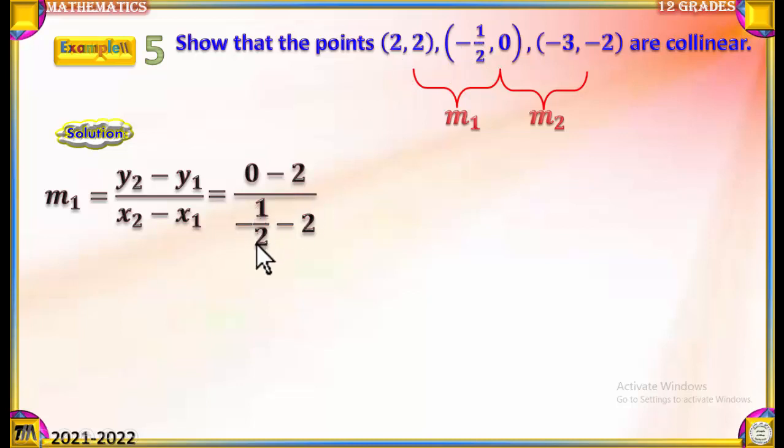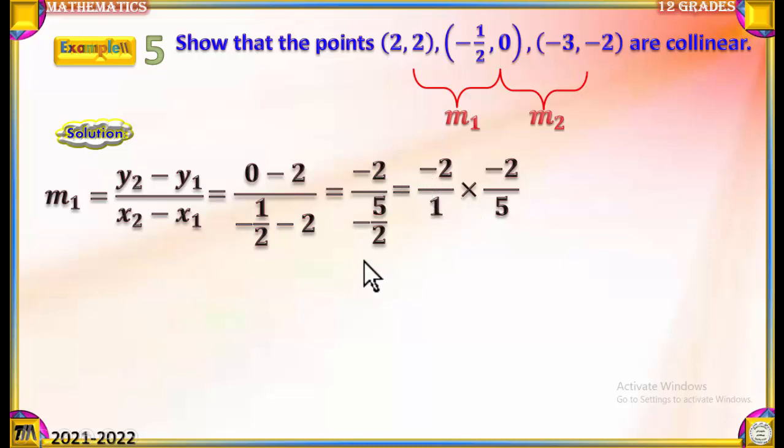Here 0 minus 2 is minus 2, and minus 1/2 minus 2 is minus 2 and a half, which means minus 5 over 2. So minus 2 over 1 times minus 2 over 5, which equals 4 over 5.